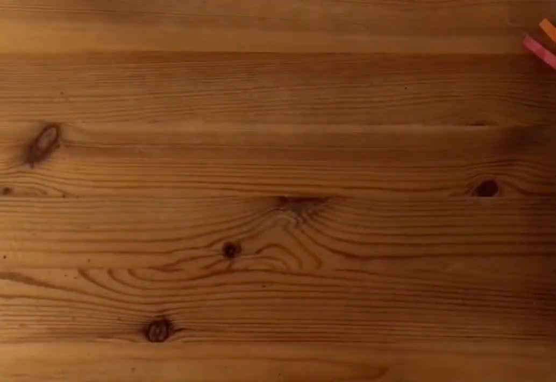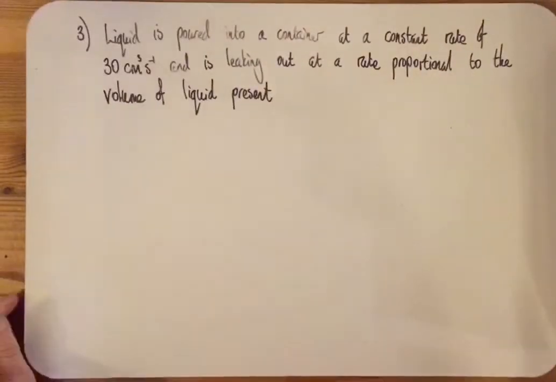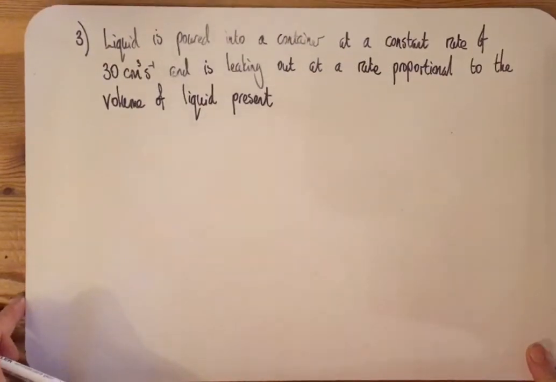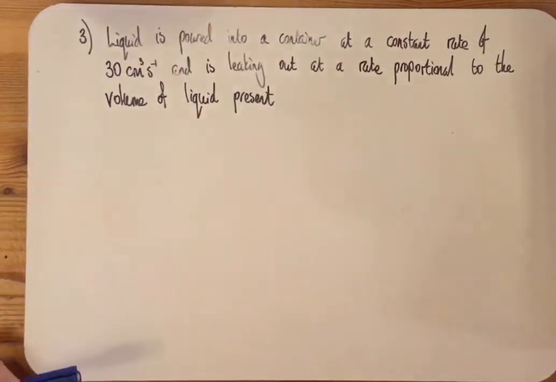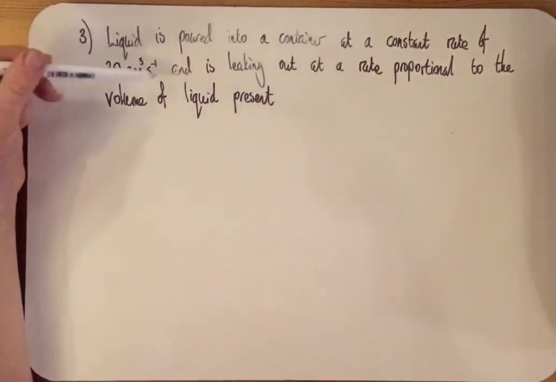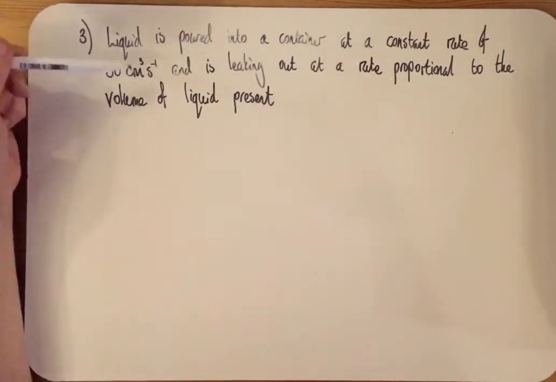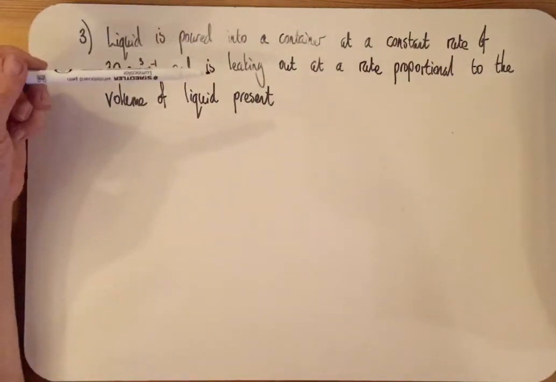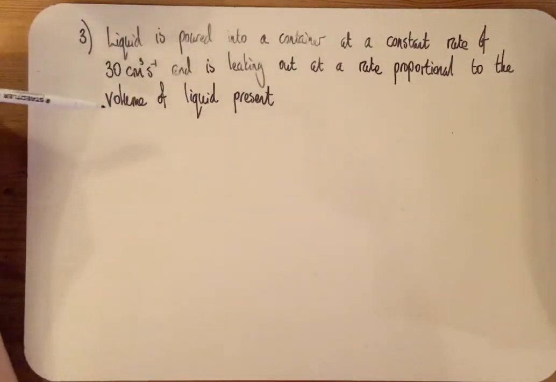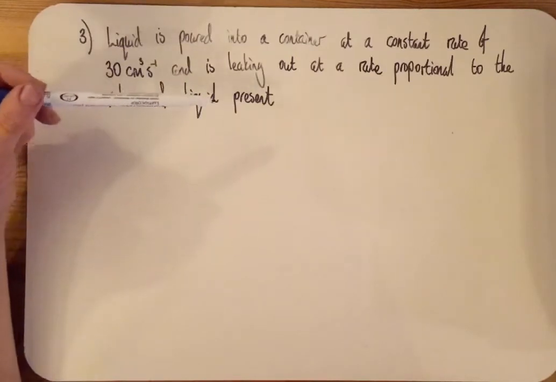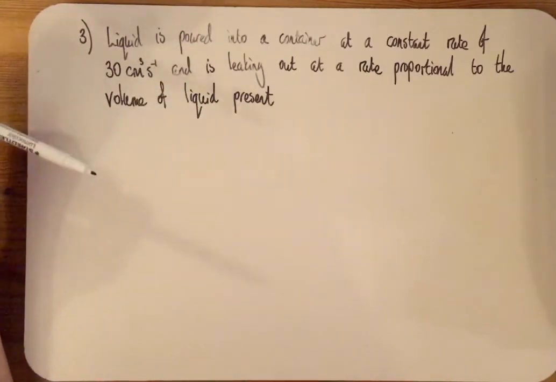And then the third one: liquid being poured into a container at a constant rate of 30 centimetres cubed per second. This is a change in volume, and it's leaking out at a rate proportional to the volume of liquid present. To model that as a differential equation, it's the volume that's changing.